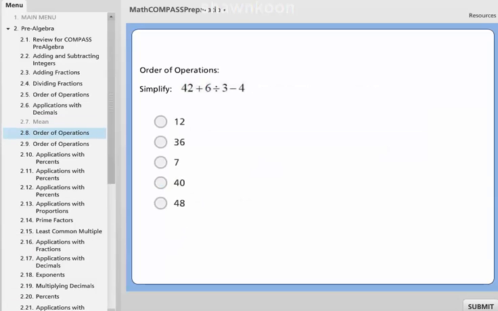Okay, so 2.8, and it says 42 plus 6 divided by 3 minus 4. Let's go over that one. The first thing we have to do is what?